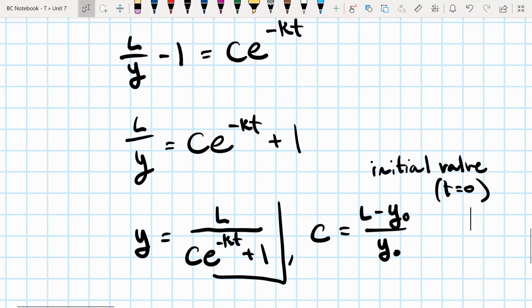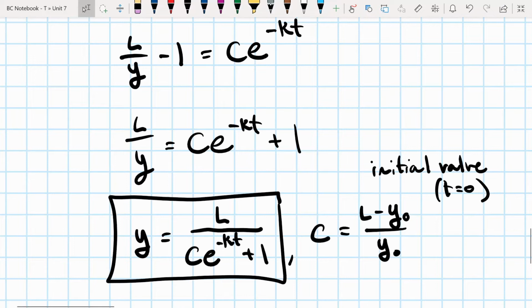So this right here is the solution to the logistic differential equation. What I would encourage you to do is write this down and recognize quickly that it's the solution, because if you're ever asked to solve a logistic differential equation, you can skip straight to this part right here, and you don't have to worry about going through that whole process of solving this.